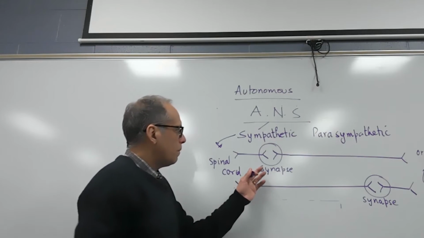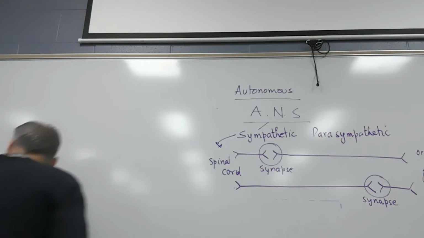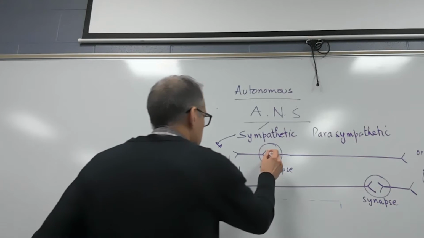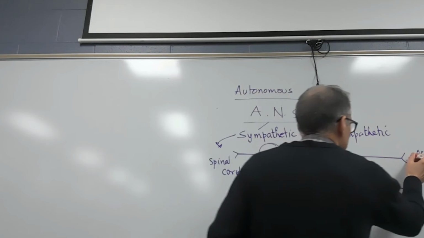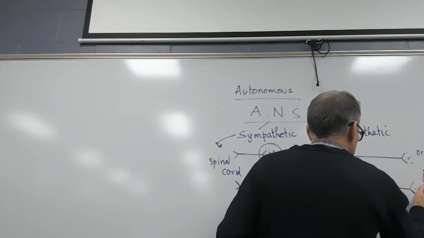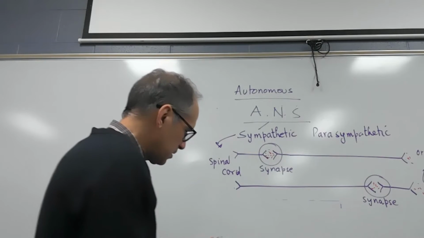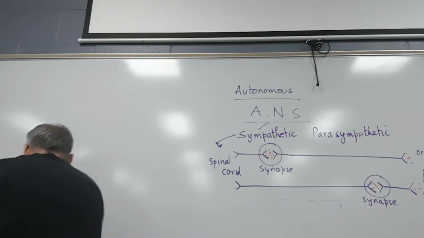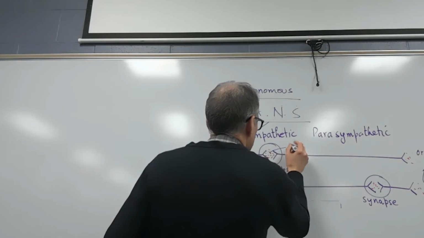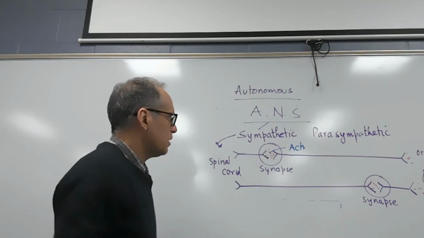Now, there is a neurotransmitter being released here, as you saw yesterday. The neurotransmitter is a chemical. Now, the interesting thing is the name of this chemical is acetylcholine, ACH.